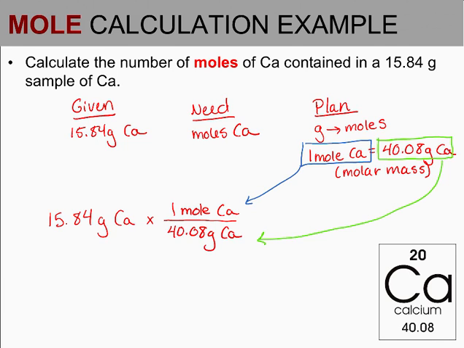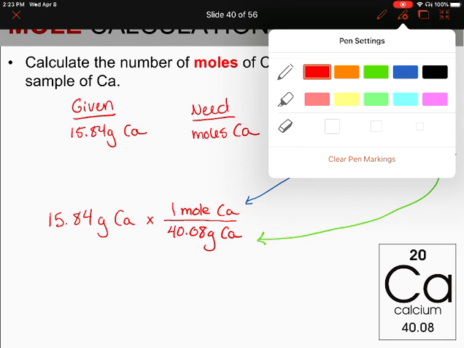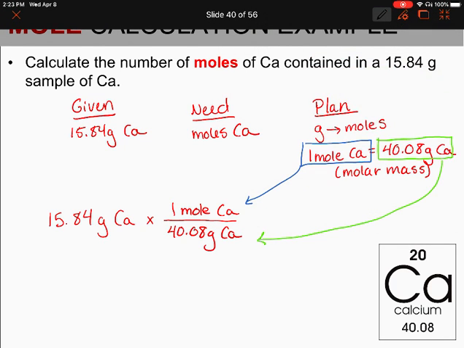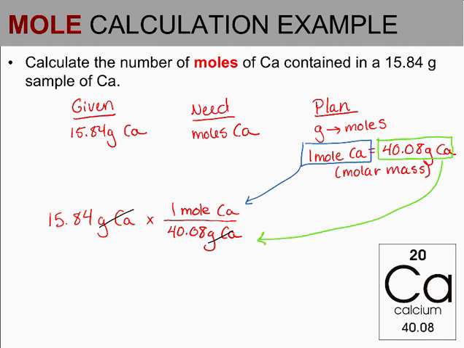The reason we did that is we're going to cancel grams of calcium and end up with moles of calcium. So now we have 15.84 divided by 40.08, and then our final unit is moles of calcium.